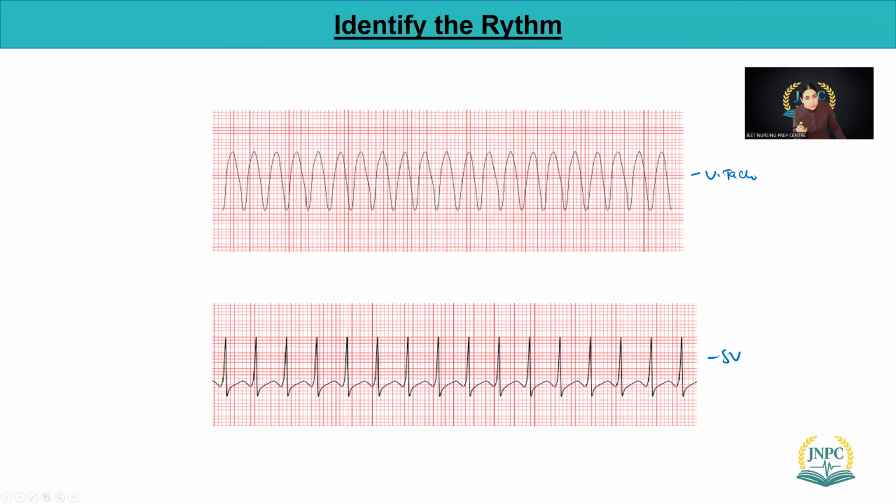What is the major difference between these two rhythms? If you see the QRS complex here and look at the small boxes, maybe it's 1 or 1.5 or maybe less than 1, right? But in this, there's no P wave at all. Means the atria are not working, it's just the ventricles working very fast. QRS, QRS, QRS. We cannot look at a P wave.